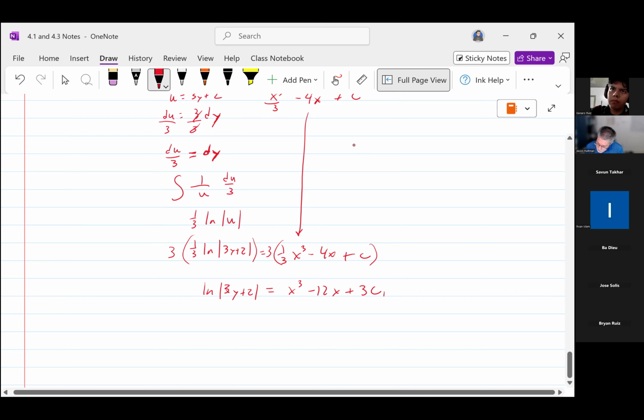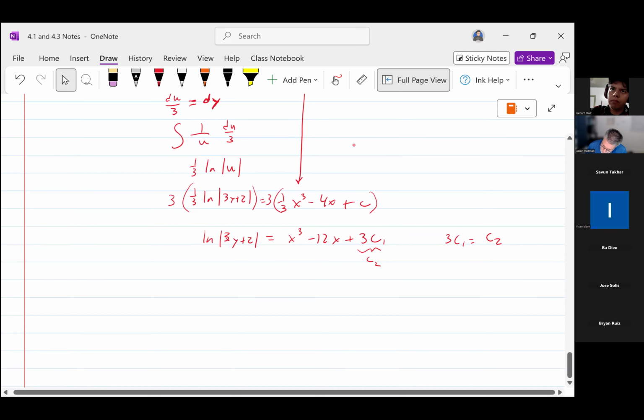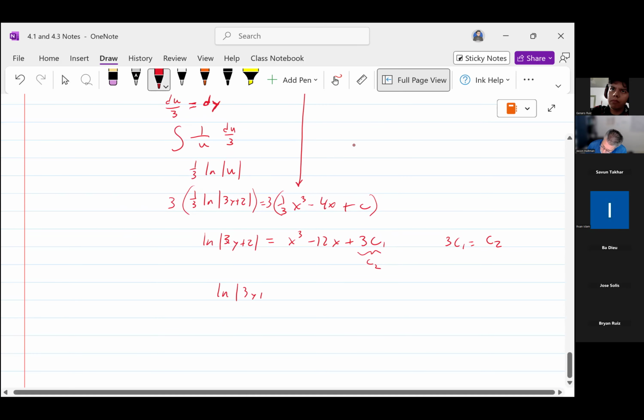We could say that this is 3 times c1, and isn't 3 times c1 just another constant? So we'll just call this c2. So the natural log of 3y plus 2 is equal to x cubed minus 12x plus c2.